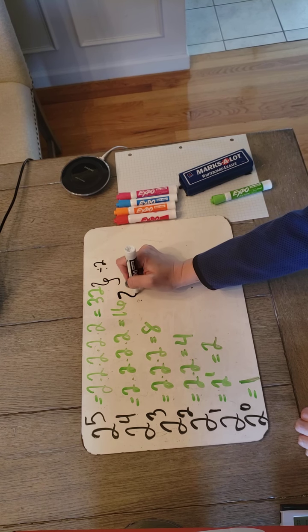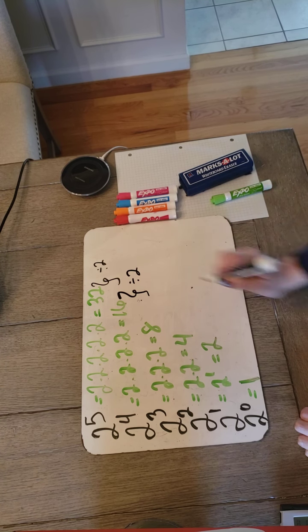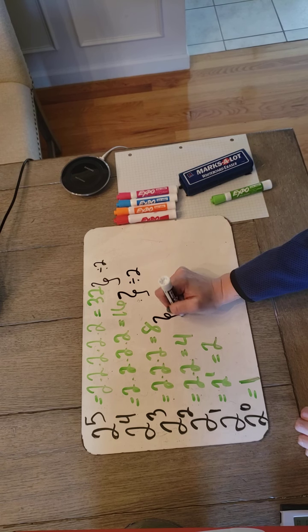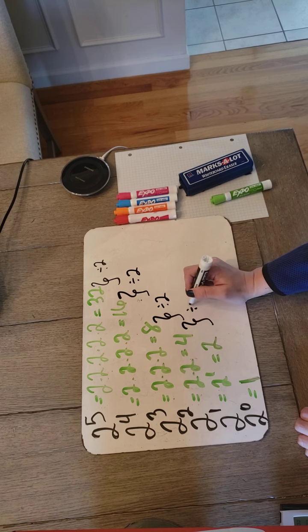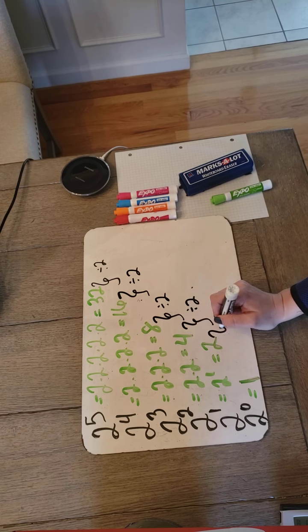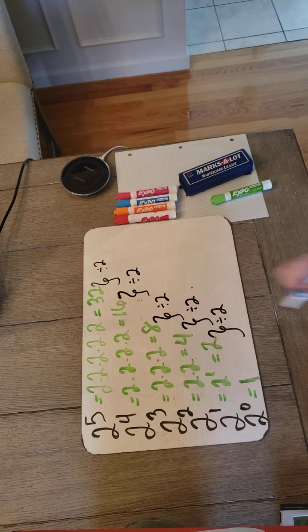To go from 16 to 8, you divide by 2. 8 to 4, divide by 2, 4 to 2, divide by 2. So if you follow the pattern, 2 divided by 2 is 1.